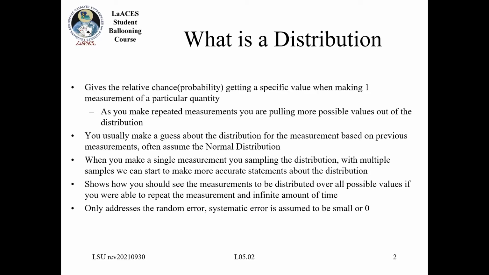If I can see the full distribution, I can see the relative likelihood and how the probability is distributed over all the possible values. But like I said, this distribution is the random error. And when I just draw a smooth curve, I'm usually ignoring the systematic error, or I'm assuming it's small compared to the random error.